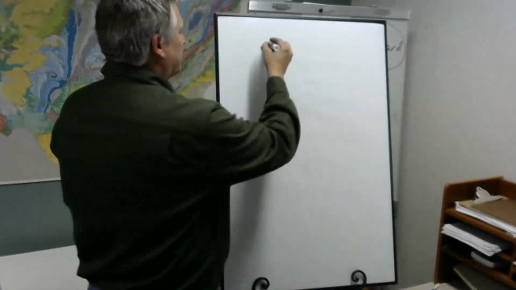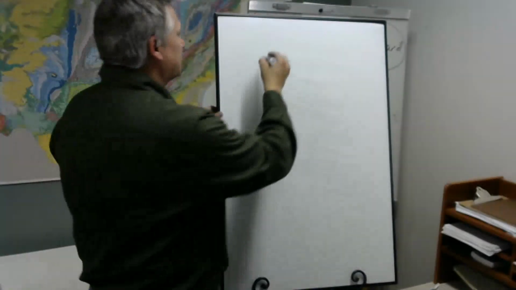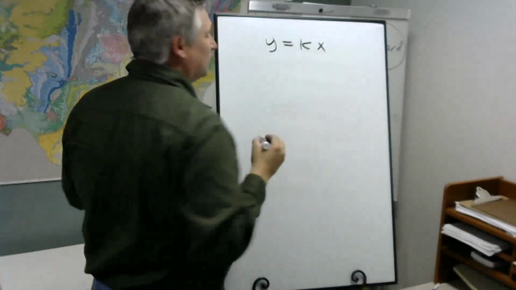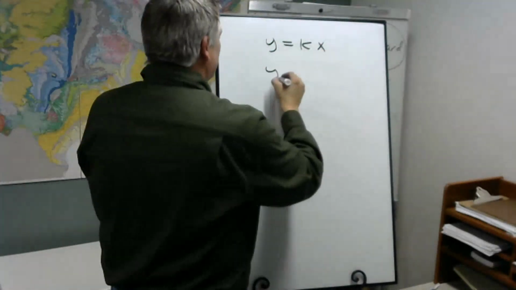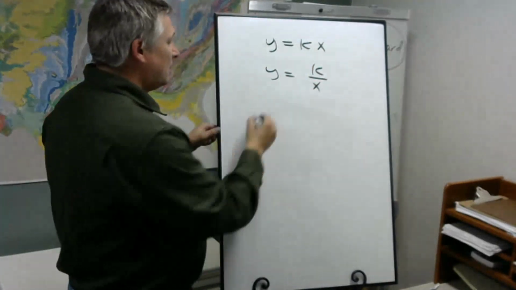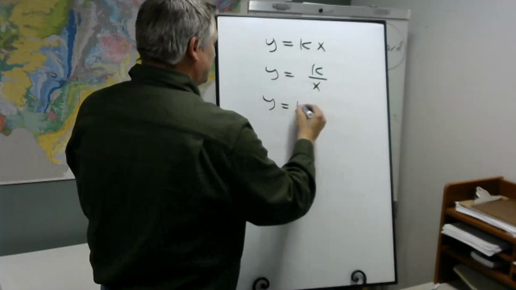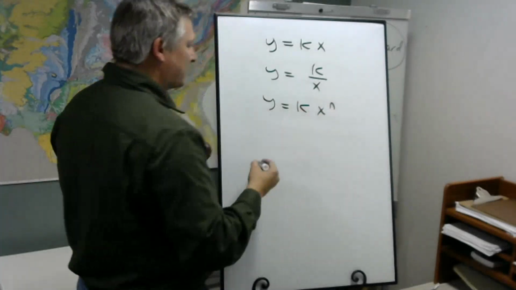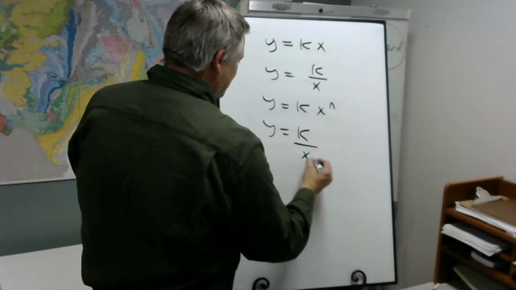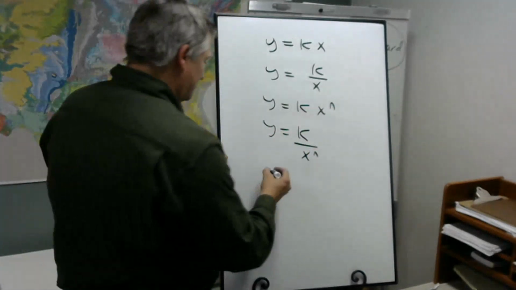Now, we looked at models before, like we talked about variation. If there's direct variation, we have this. Inverse variation, we have this. We could have direct variation with powers of x. We could have inverse variation with powers of x.